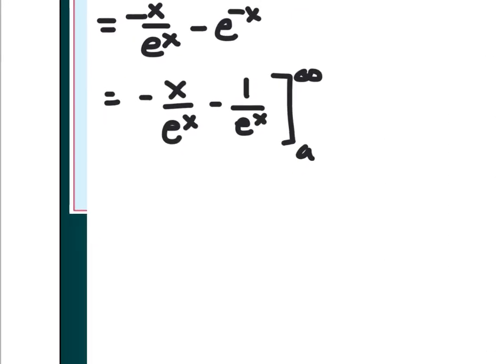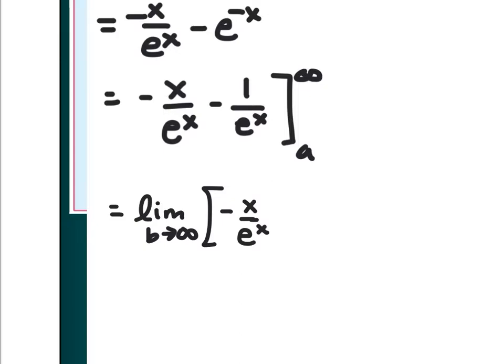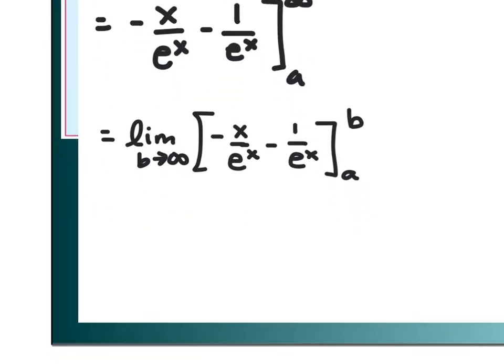Okay, so let's do that. So I'm going to take the limit as b goes to infinity of negative x over e to the x minus 1 over e to the x from a to b. Alright, so what would that look like?